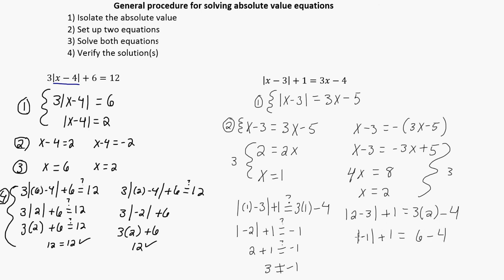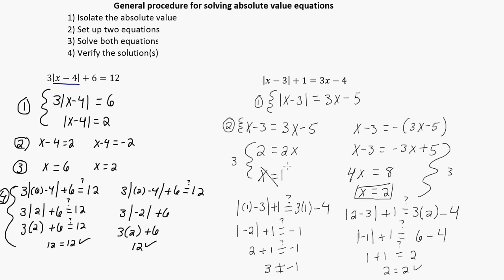The absolute value of negative 1 is 1, so I have 1 plus 1. These should all be question marks here. Equals 6 minus 4, which is 2, and 1 plus 1 is 2. So this solution x equals 2 actually worked, and x equals 1 is not a solution.